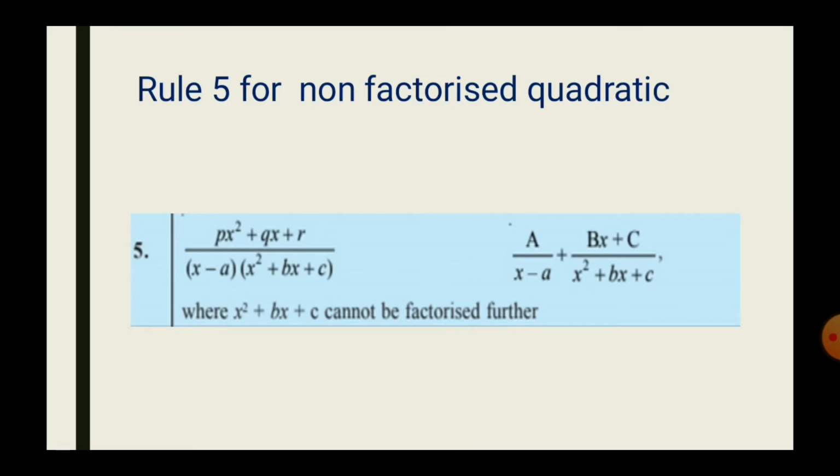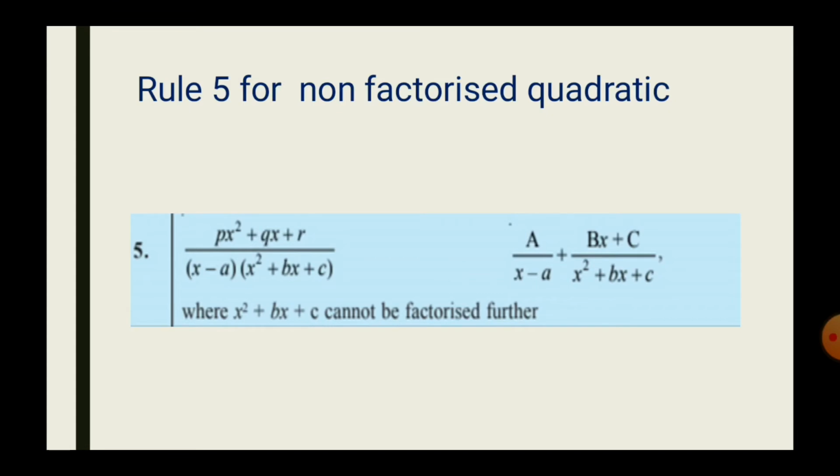Then we will take partial fraction as a upon x minus a plus bx plus c upon x square plus bx plus c, as this is quadratic. Therefore we will take its numerator as linear, that is bx plus c, because degree of this denominator is 3. Therefore we will take 3 arbitrary constants.